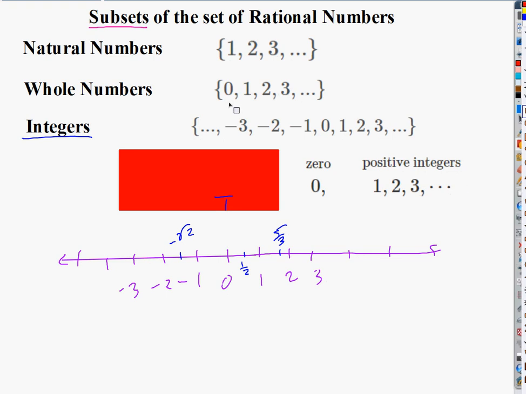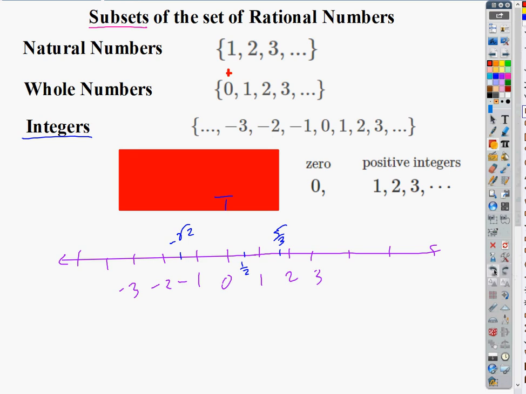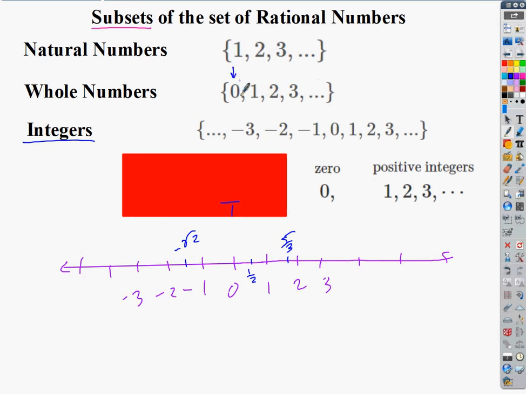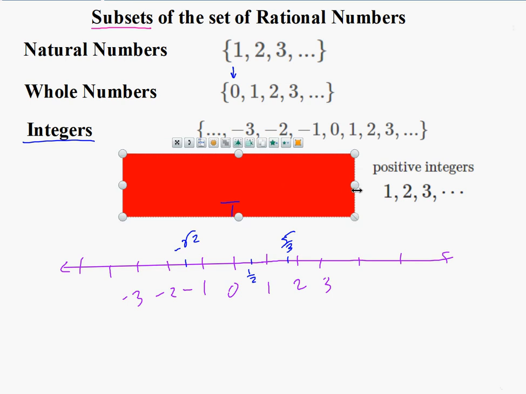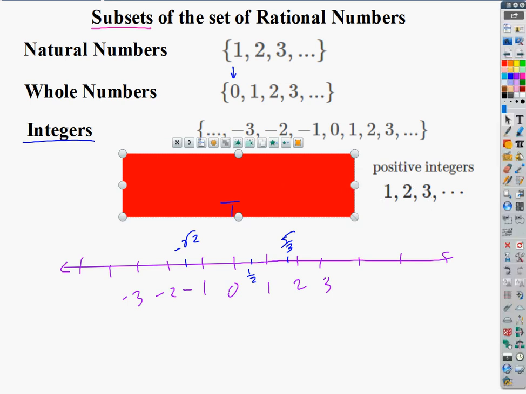The set of whole numbers has a lowest value. It starts at 0. It has a lowest value, but then it just goes up forever from there, right? And if we extend this a little bit further, if we eliminate 0, we're only left with the positive integers. Well, that's the same thing as saying the natural numbers.